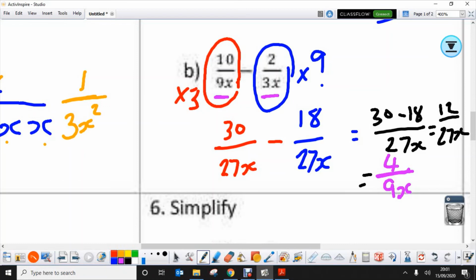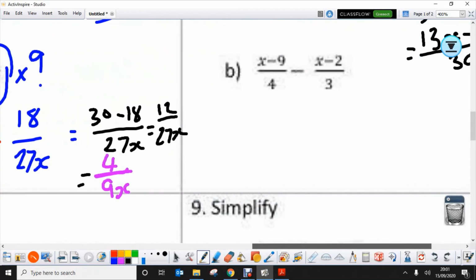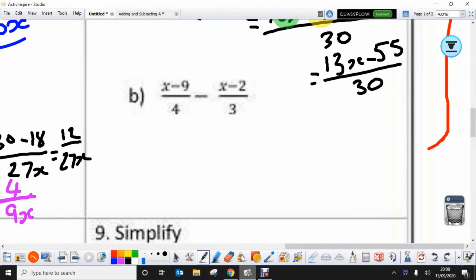So again, similar to the cross multiply method, I'm timesing that side by 3 and I'm timesing that side by 9. The only thing I'm not timesing is the whole of the bottom number. Hopefully that makes sense. Okay, we've got one more to do.